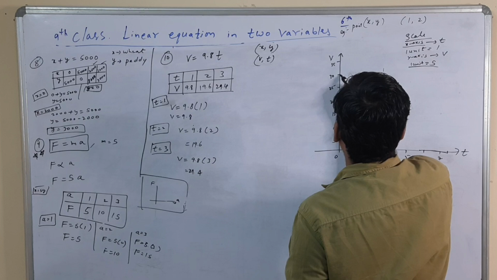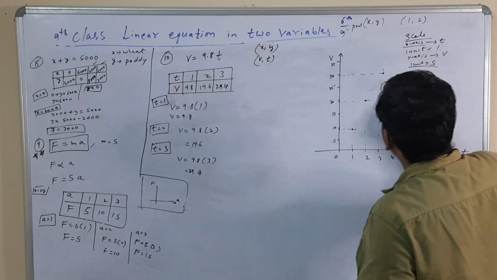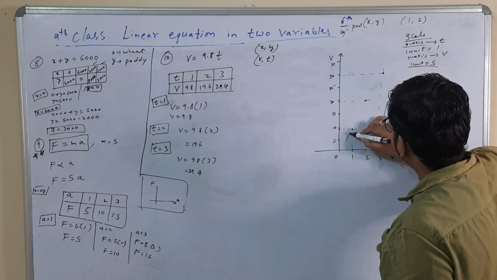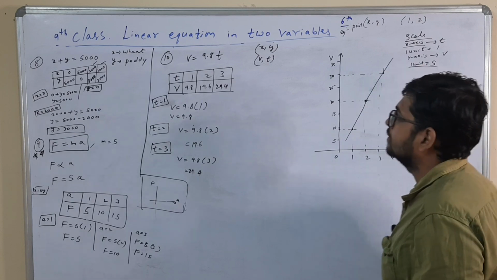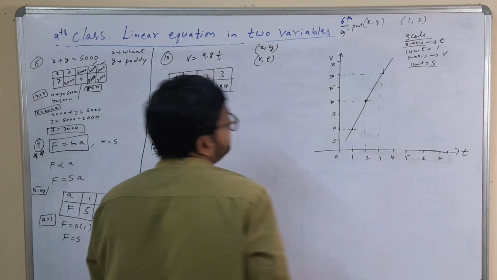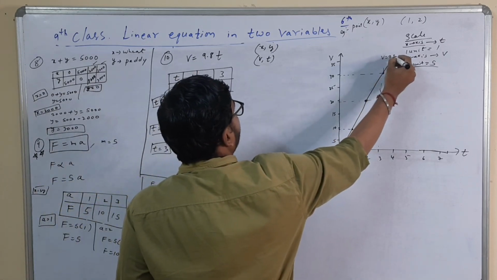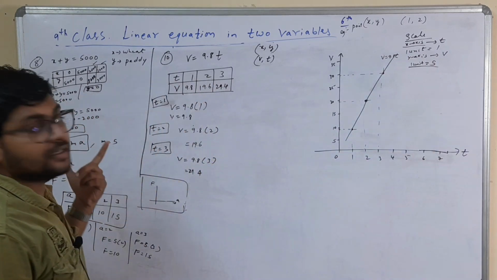This is the value. So we got 3 values. We join them with a line. So we got this line. So what is this line? V is equal to 9.8t. Okay, so this 6.3 is over.